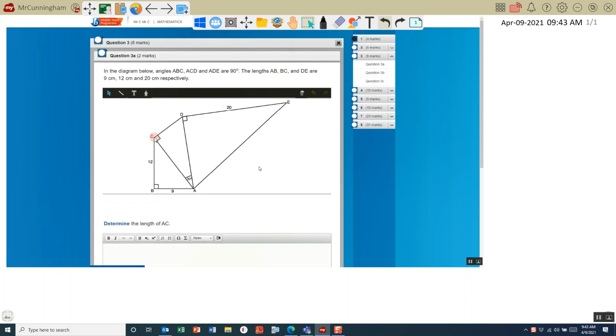So I can see that AC is part of this triangle, and I've got 2 of the sides, so I'm going to use Pythagoras. Okay, so here is my triangle A, B, and C. We're given the 2 sides, and this is the side that I want to work out, AC.